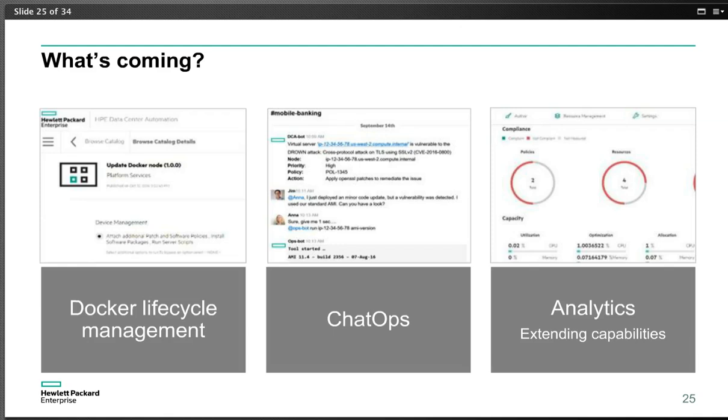I described that initially, as I started my presentation, as being one of the key influencers for our strategic direction. That remains the case. So across all of these pillars that I'm talking about, in terms of analytics, and I'll talk a little bit about ChatOps and Docker lifecycle management, simplifying the consumption experience is going to be our North Star. It's going to be the primary design point for us as we flesh out the DCA capabilities.